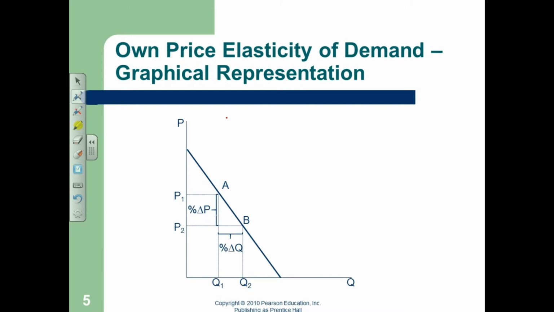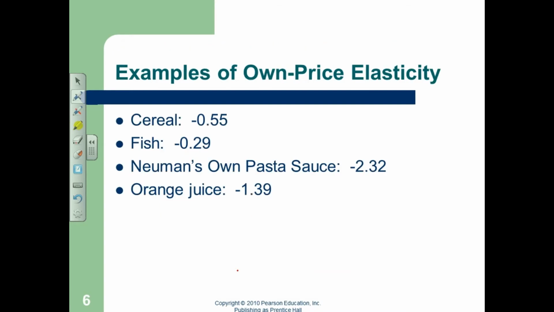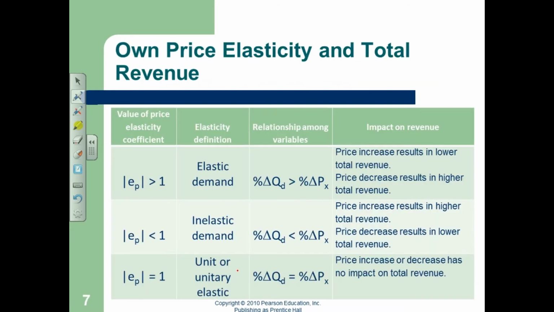Okay? On a straight line demand curve like this one, the percentage change in price would be shown vertically. From P1 to P2, price drops and quantity goes up. This percentage would be important. Now, how do you calculate the percentage? Let me see.